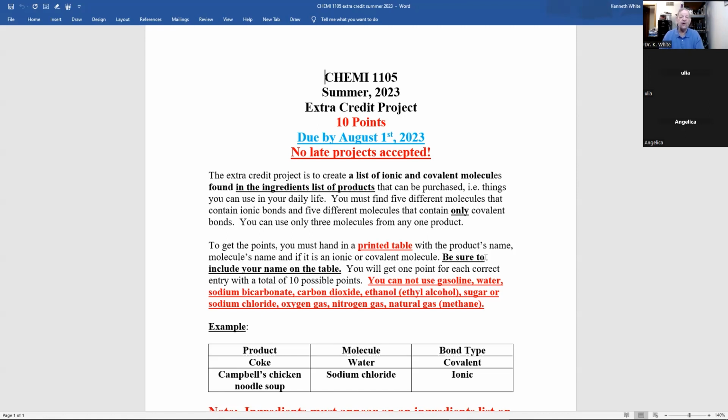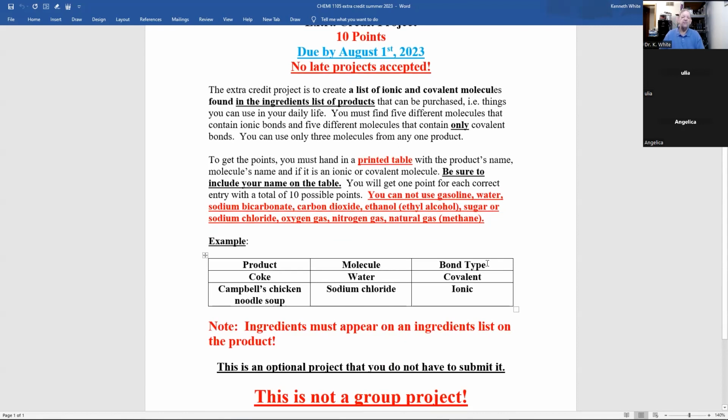Now, you can only get 3 molecules from a product. To get points, you must hand in a printed table, or in our case, uploaded, with the product name, molecule's name, and whether it is ionic or covalent. Don't forget to put your name on the table. You'll get 1 point for each correct, a total of 10 points.